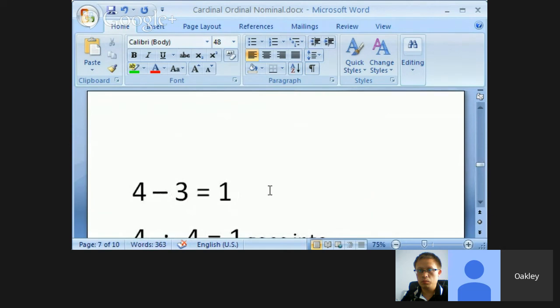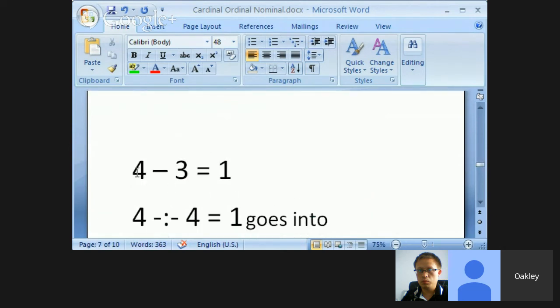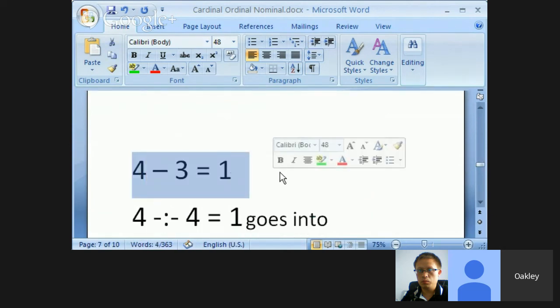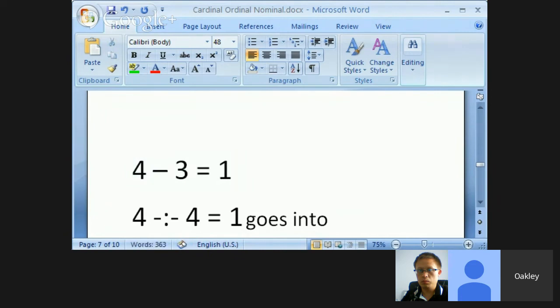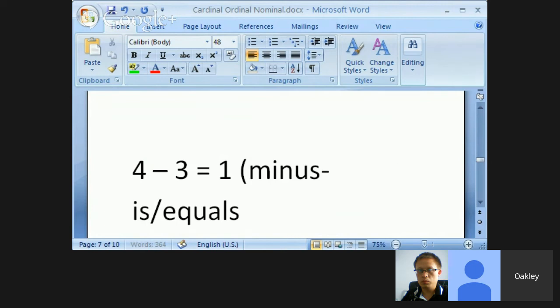Next one. Tatiana, another equation for you. 4 minus 3 is 1. Yep. 4 minus 3 is 1 or equals 1. Either would be okay.